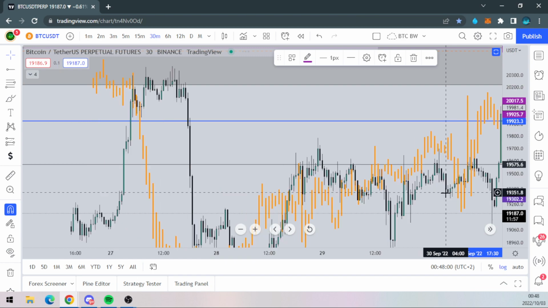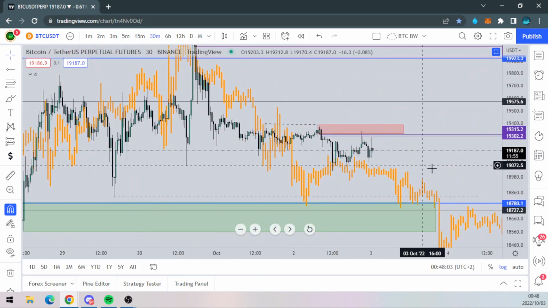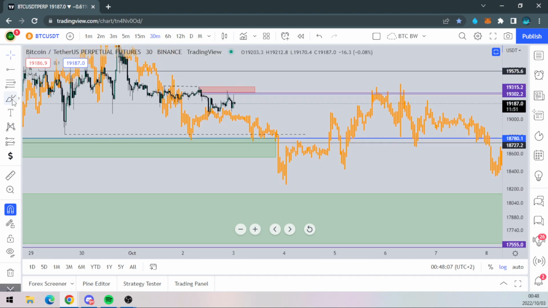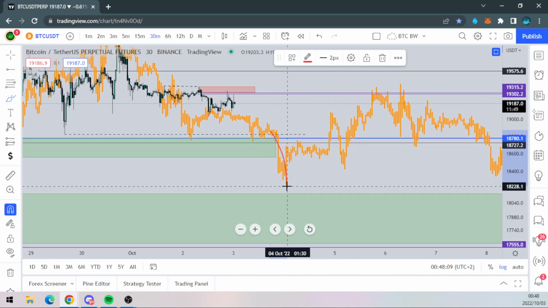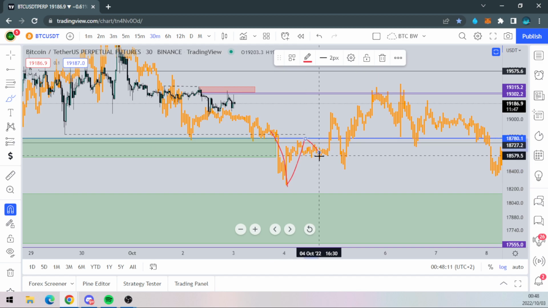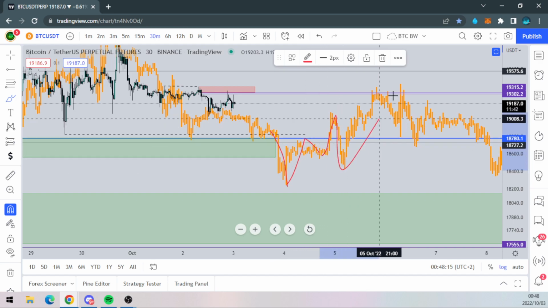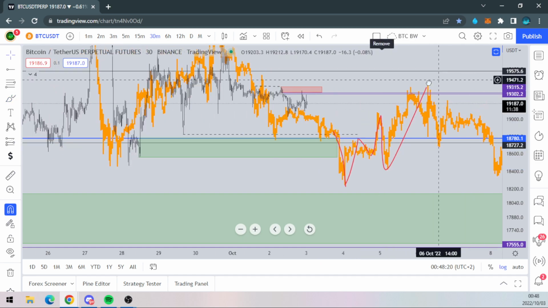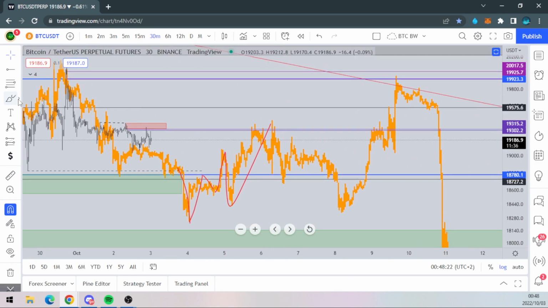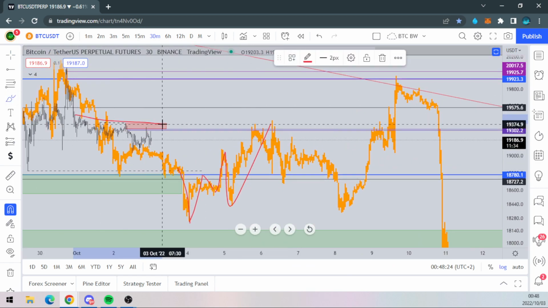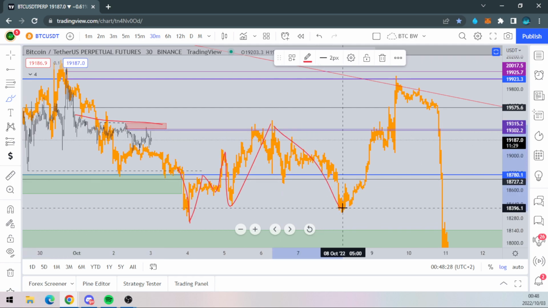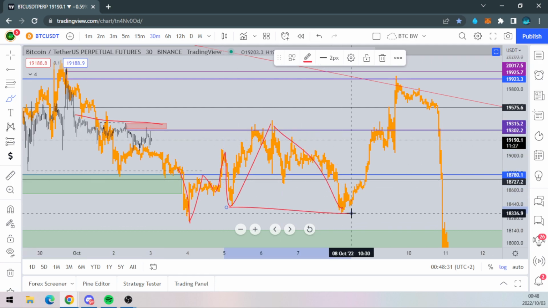And then let's just go back to our fractal and see how that works out. So like I said, we come down here, we move up here, we take some liquidity, we take more liquidity, and then we pump back up. But overall it would be this here, right? Failure to take all the liquidity above here would cause price to pull back down to take more orders, create more liquidity here.